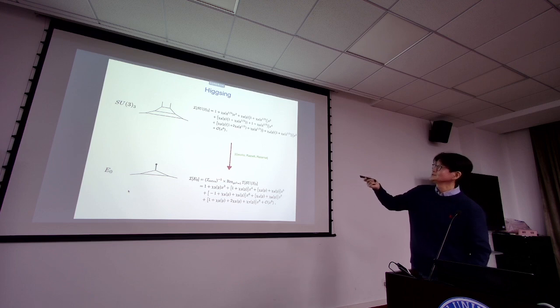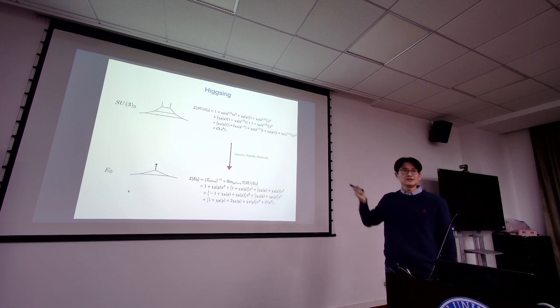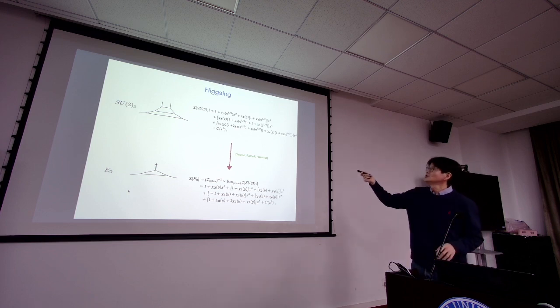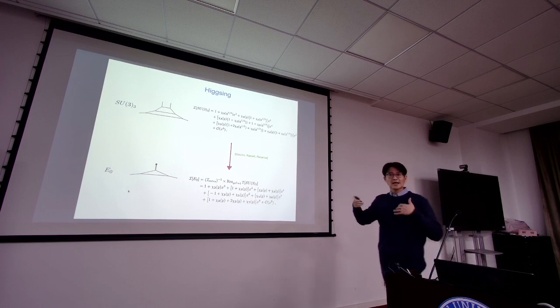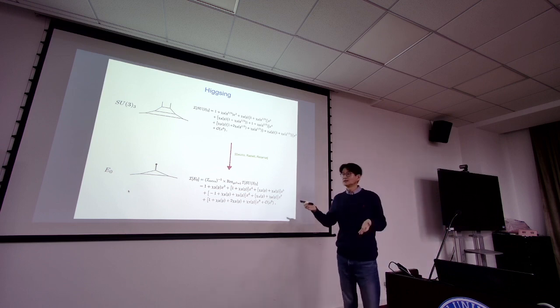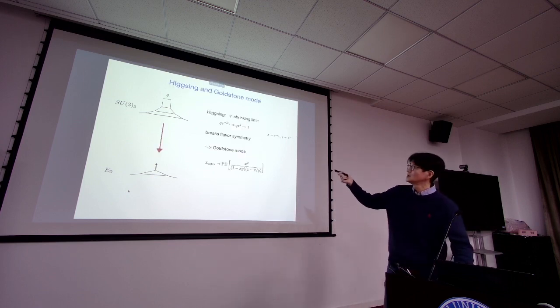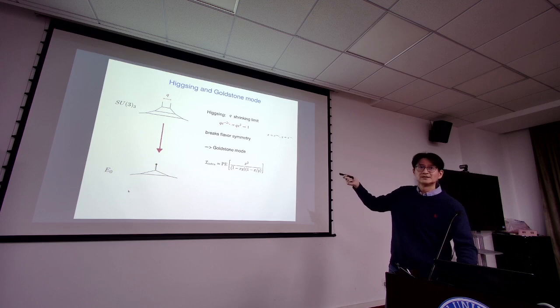So what will happen is that, given this SU3 Lagrangian theory superconformal index, these people told us that after you do the Higgsing, they will develop some residue, which is basically nothing but this Higgs branch limit.